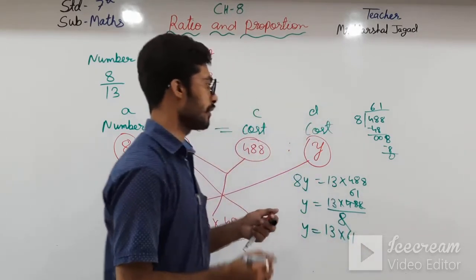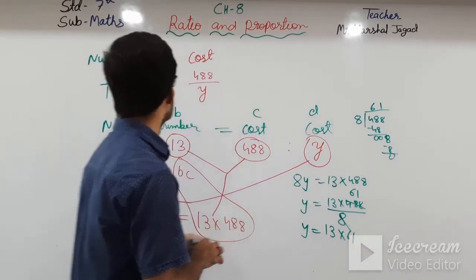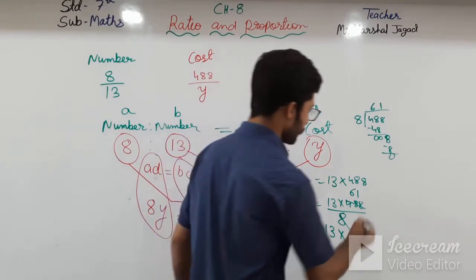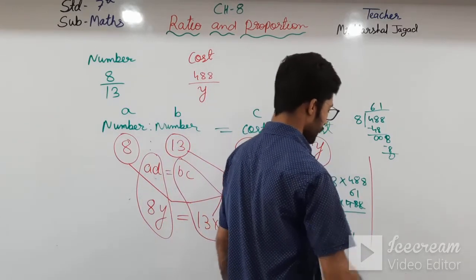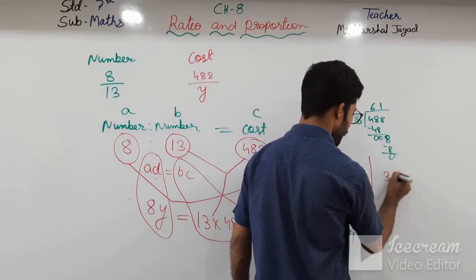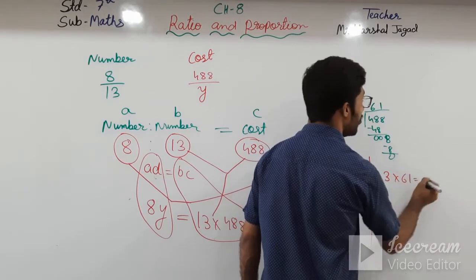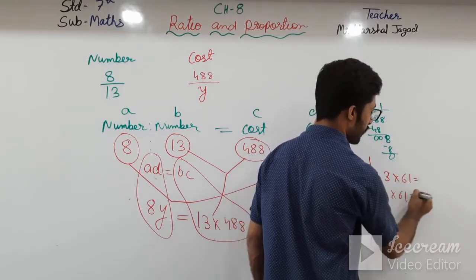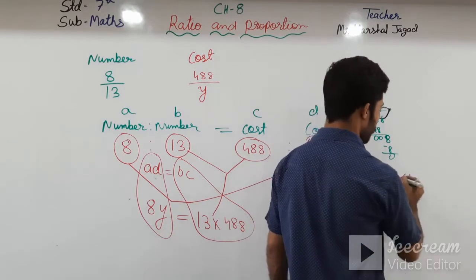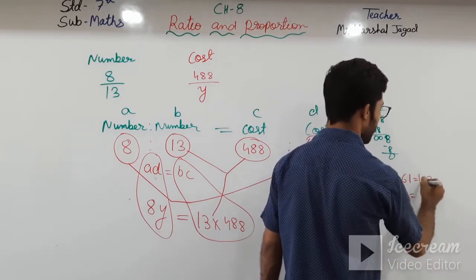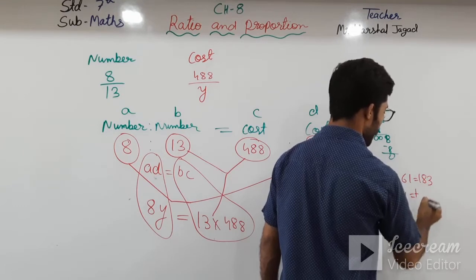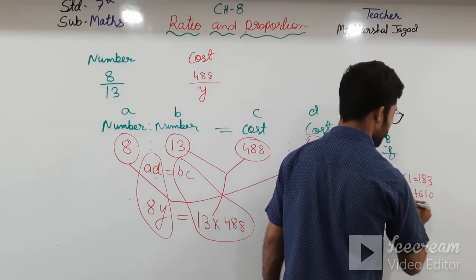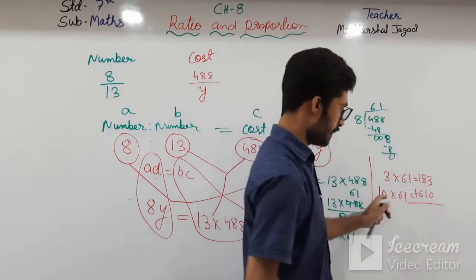So in 5th standard you have also studied how to multiply this. First of all, 3 into 61 and 10 into 61, then after we have to add. So 3 1s are 3, 3 6s are 18, plus 610.